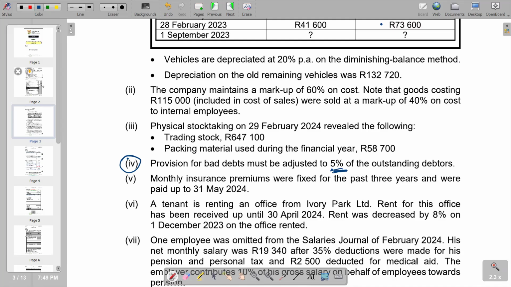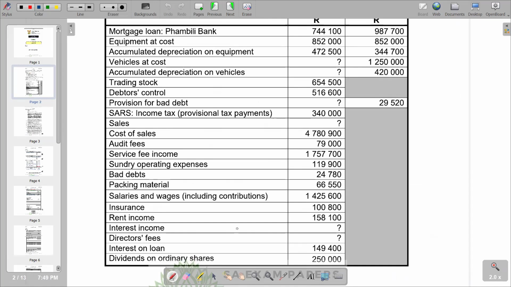In this case, we do not have. So we pick the figure that we have for debtors' control, which is 516,600. We multiply it by 5% as indicated, which is 0.05 as a decimal, and then we multiply by 516,600. So we multiply and see what we get there.